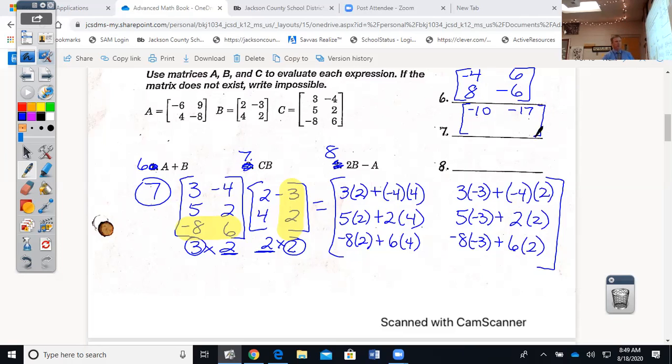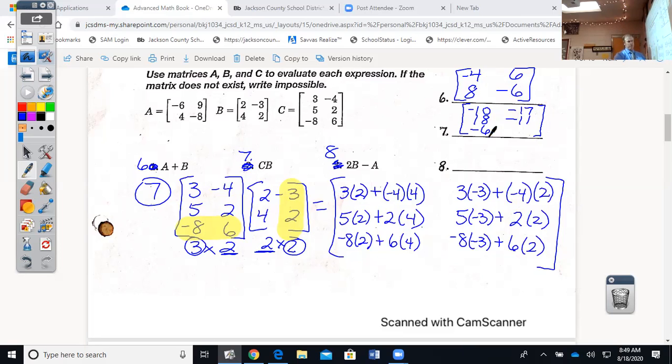Middle row, 10 plus 8 is 18. Middle row again, -15 plus 4 is -11. Bottom row, -16 plus 10 is -6.